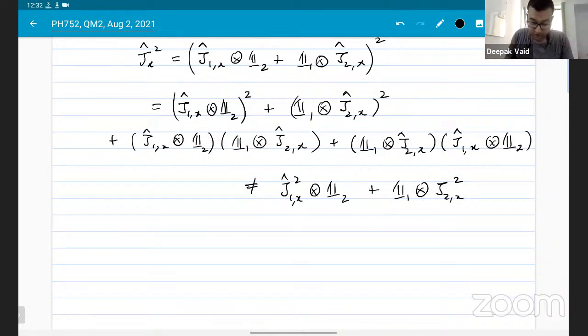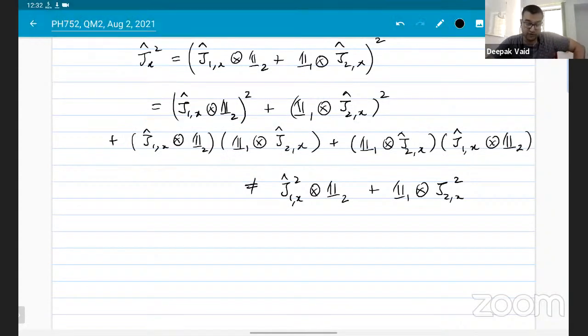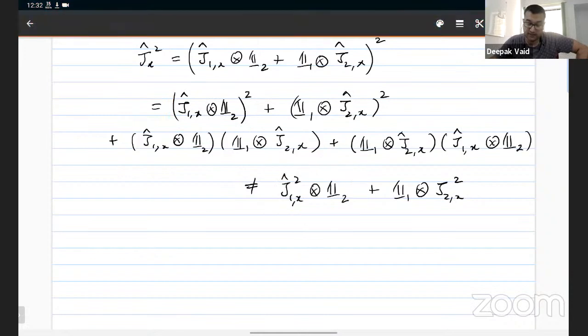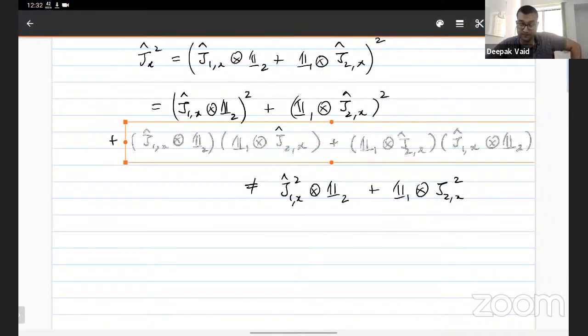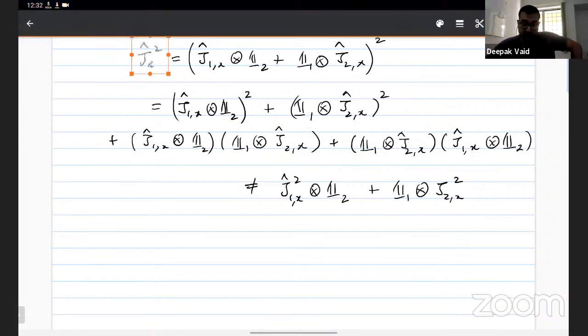It's not the same because you get these cross terms. And also, these expressions, this will turn out to be the same as this, and this will turn out to be the same as this. But you have this extra cross term, right?